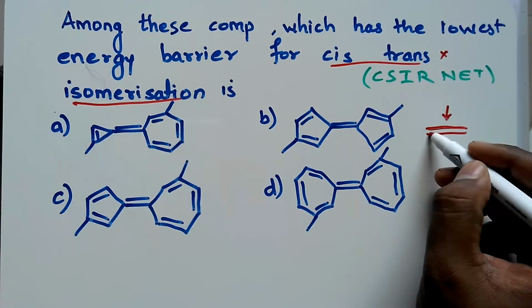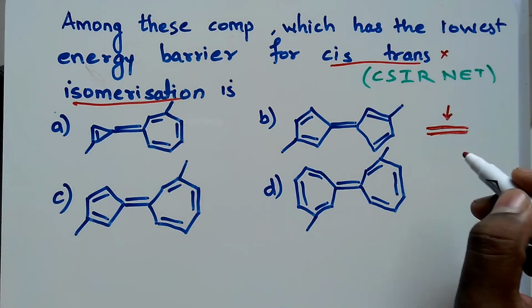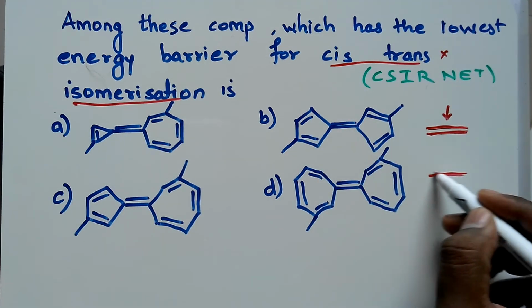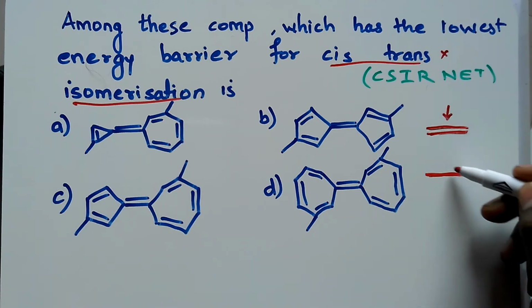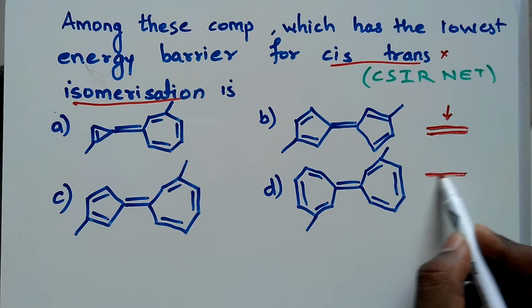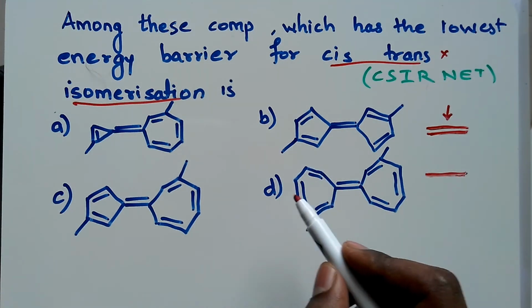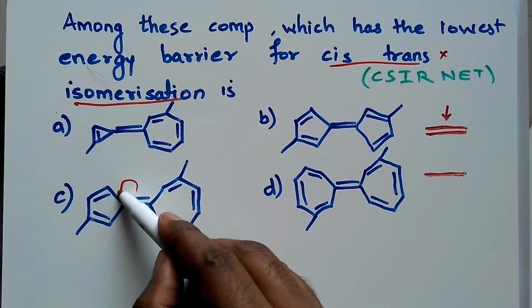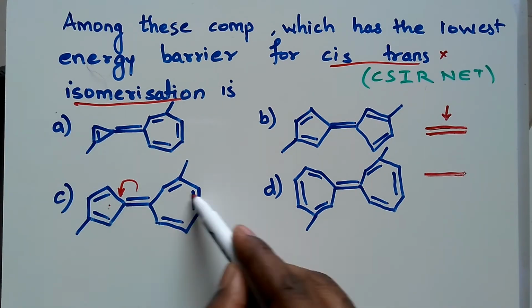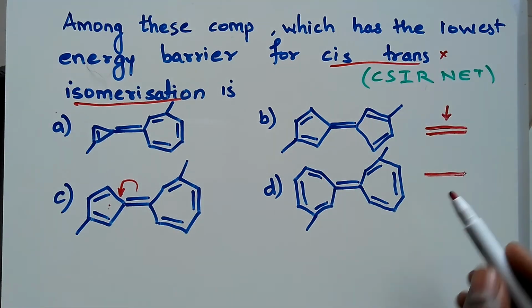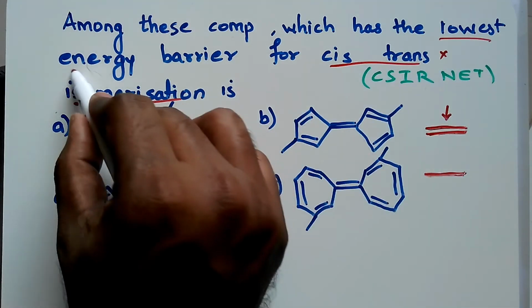But in some cases, if the double bond gets converted to a single bond, rotation can happen. So if it wants to become single, aromatization is the answer. If in any of the cases, once you shift the double bond, both the cyclic structures are aromatic, only then it will have the lowest energy barrier.